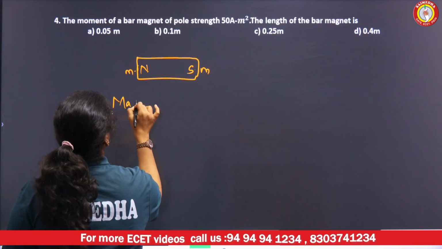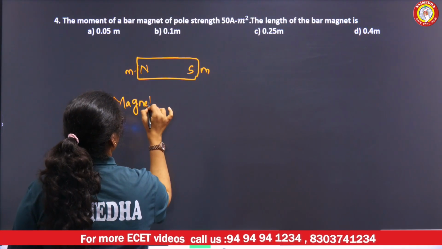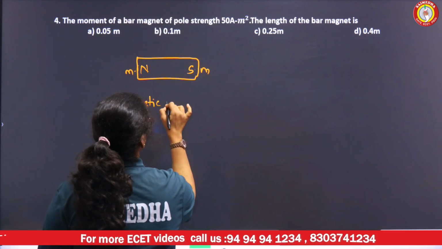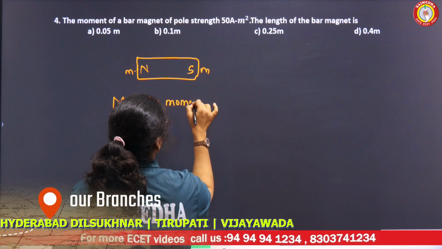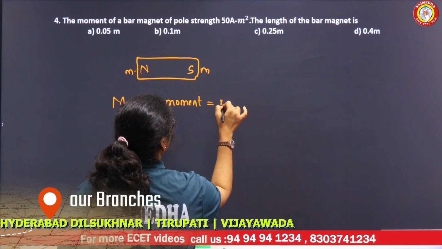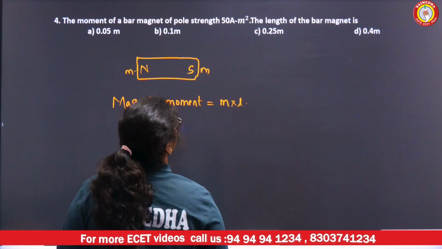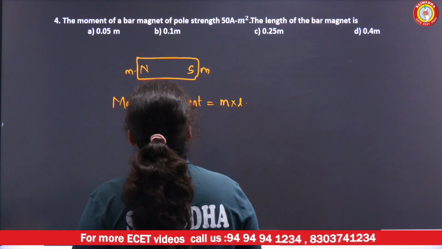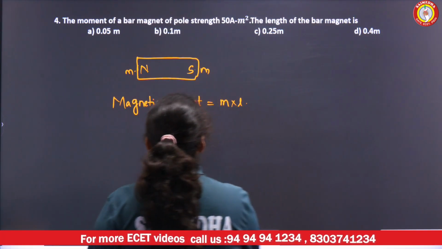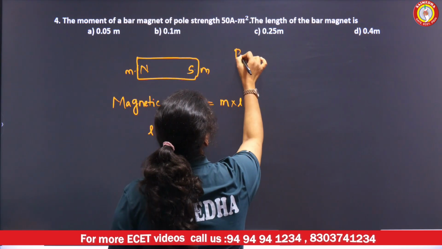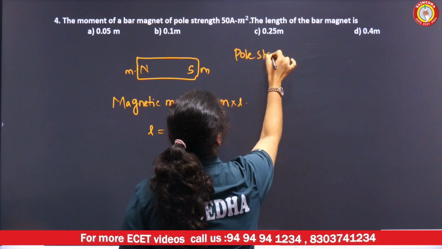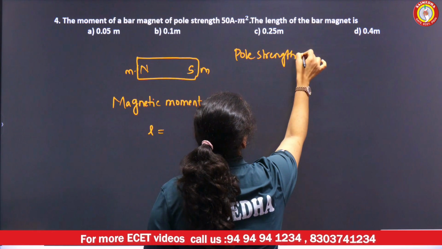So I can write the formula: magnetic moment is equal to m into L. So what do I have to calculate? Actually, sorry, the pole strength is 200.